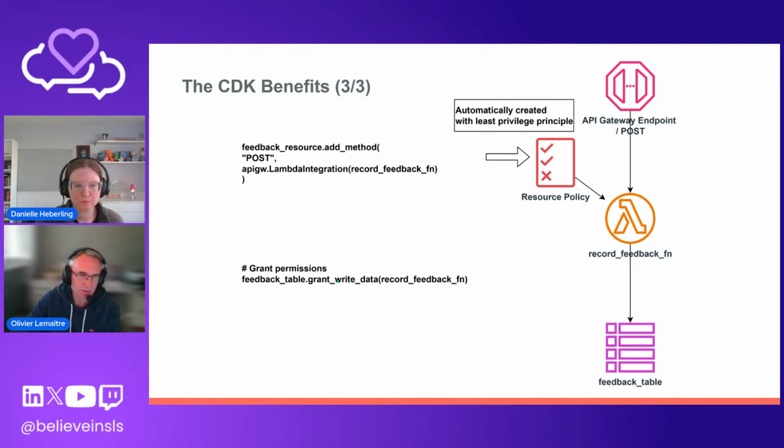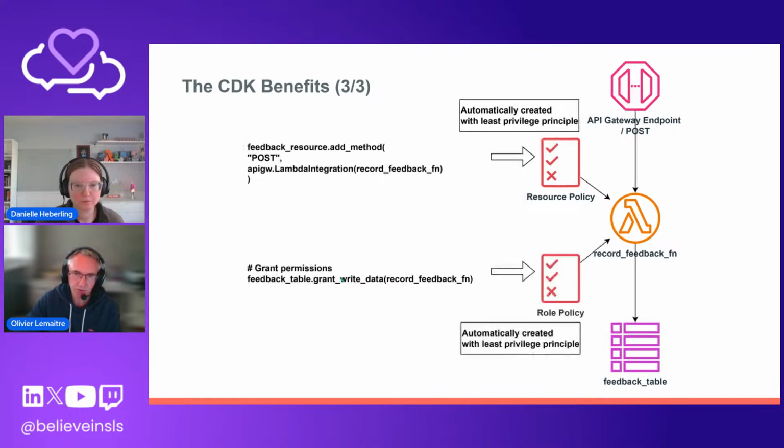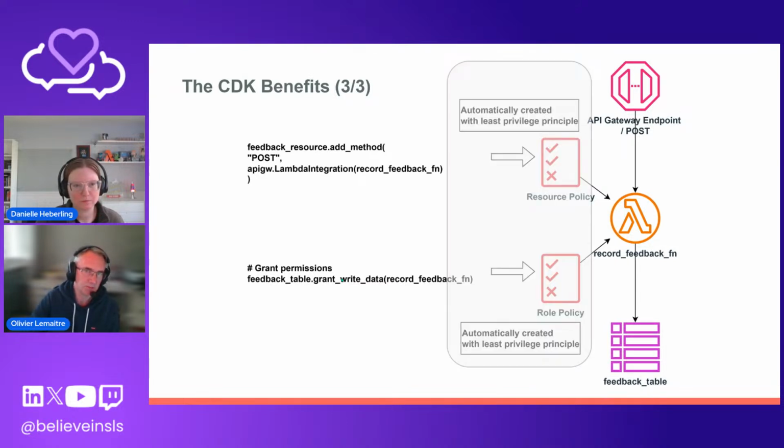When you write just this line of code, it will automatically update and create the policy with, again, the least privilege principle. So I can keep an eye on this part, of course, because it's about security, but that relieves, again, my mind about how to manage this.